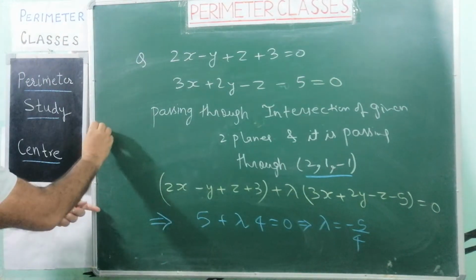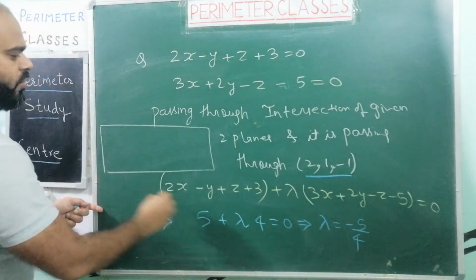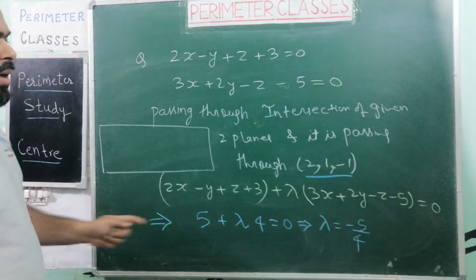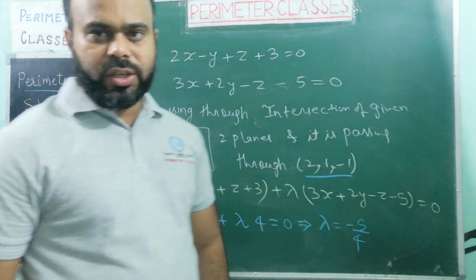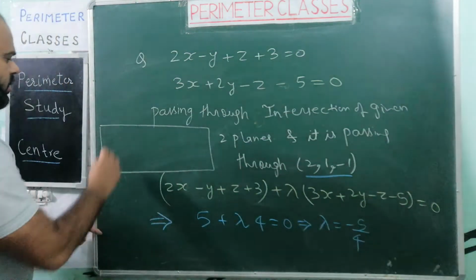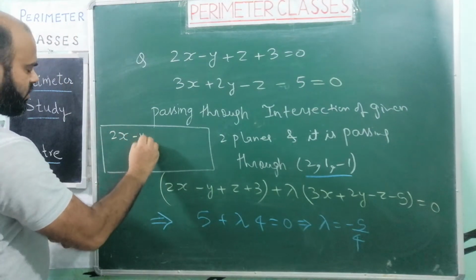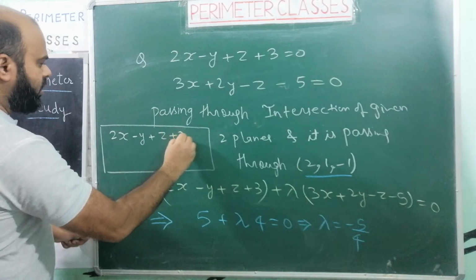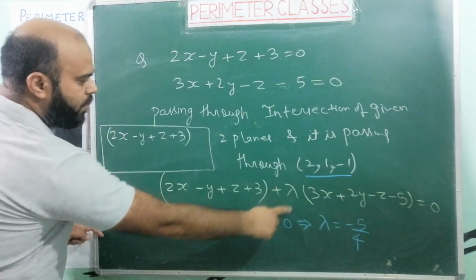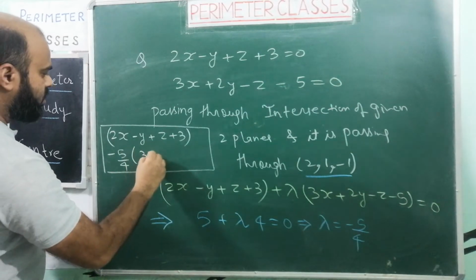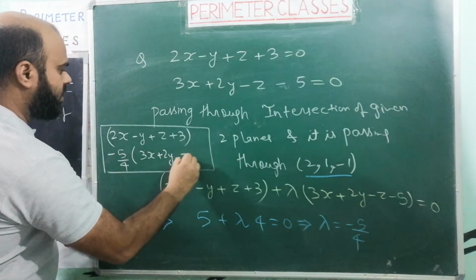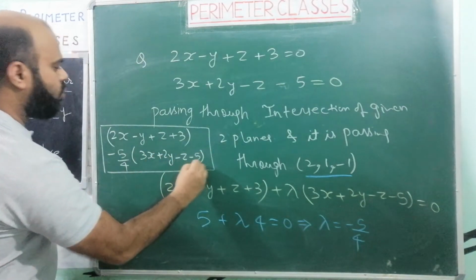So when you put this value of lambda, minus 5 upon 4, over here, you write the equation like this: 2x minus y plus z plus 3, and then minus 5 by 4 times 3x plus 2y minus z minus 5, equal to 0.